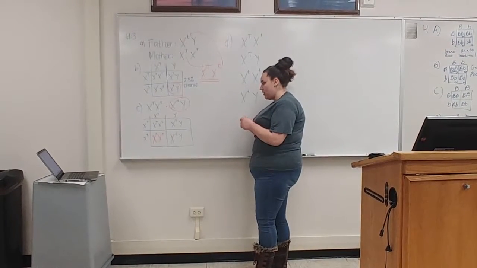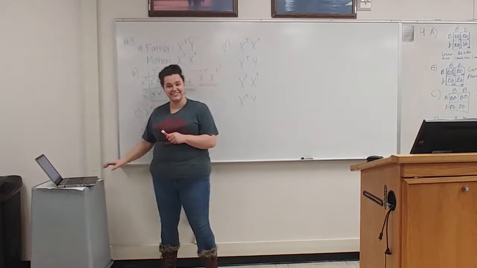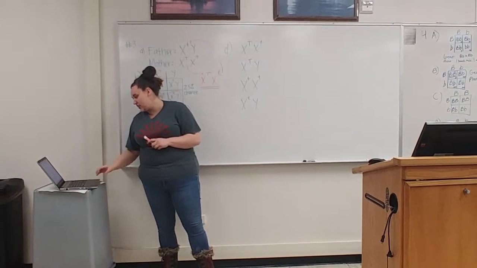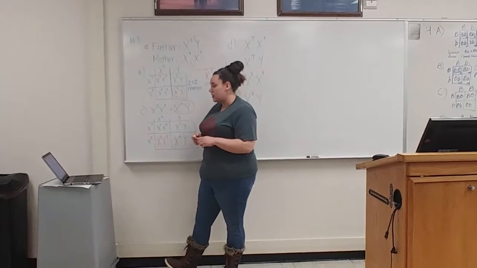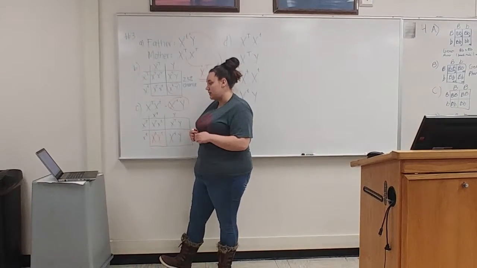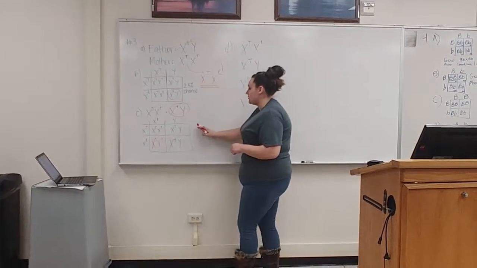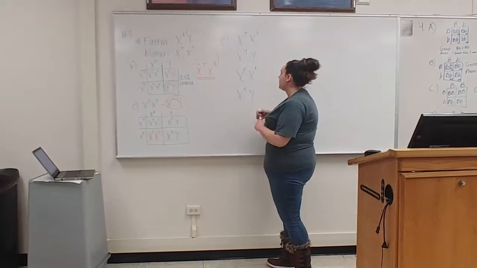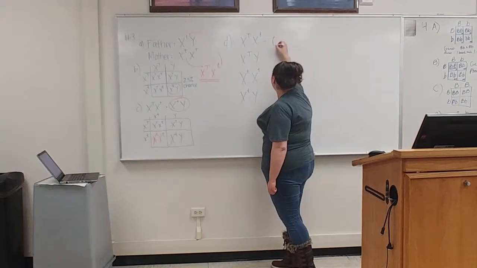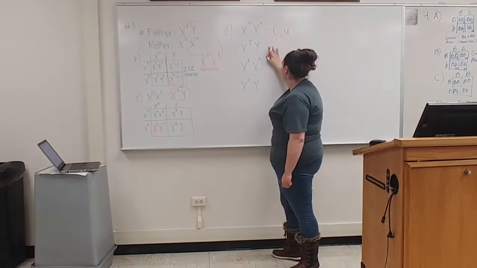And then D says, consider the cross described in part C of this question. What are the expected genotypes and phenotypes of the offspring? So again, it's the same. So the first one, they're going to be a carrier, but are not going to be affected. Carrier, unaffected.